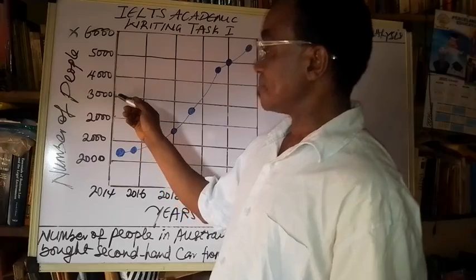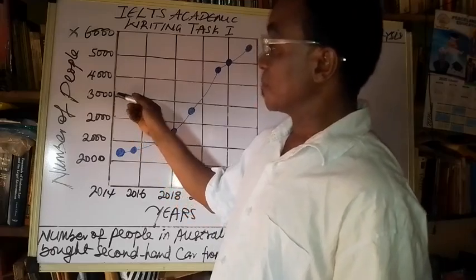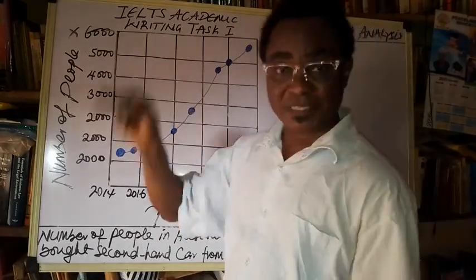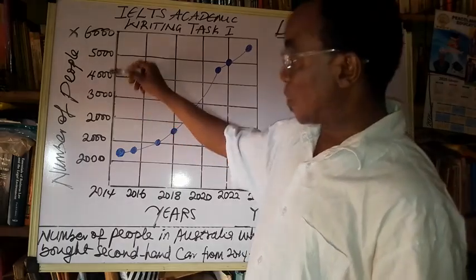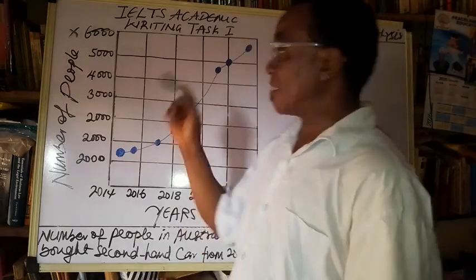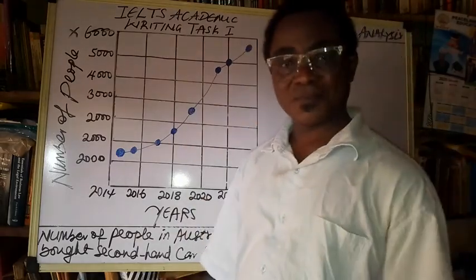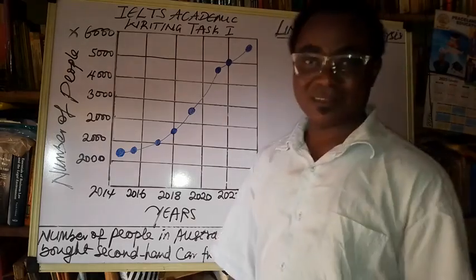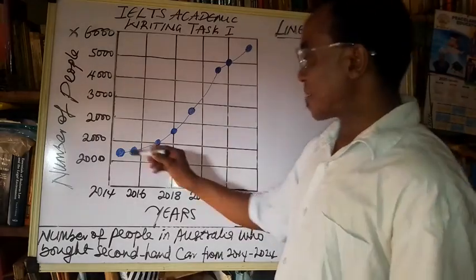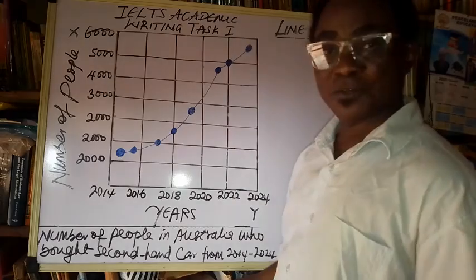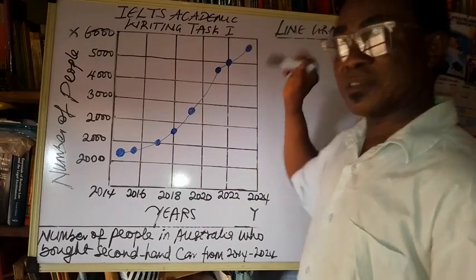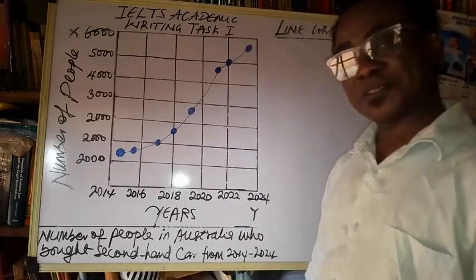But from the fourth year counting, the number rose steadily up to the peak of 6,000. So we can say at a glance, and this is represented by the graph, the line graph, which continuously rises till the end of the survey period.